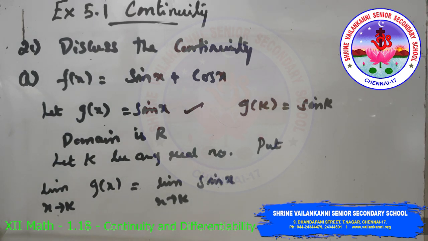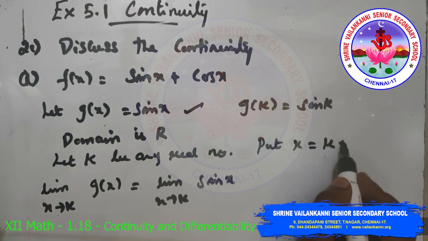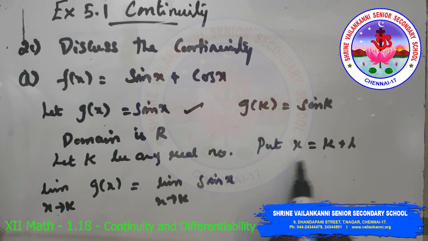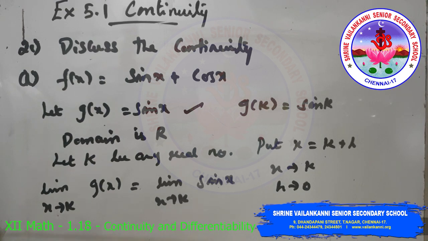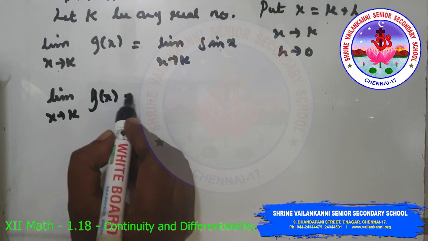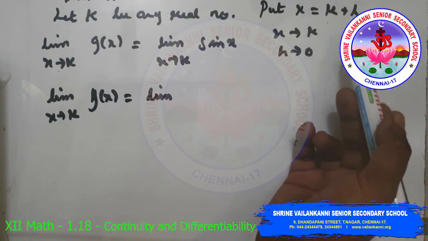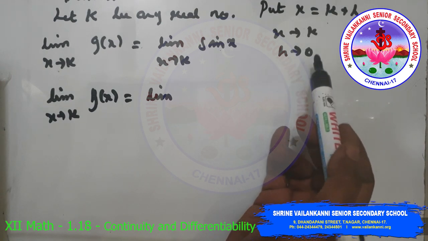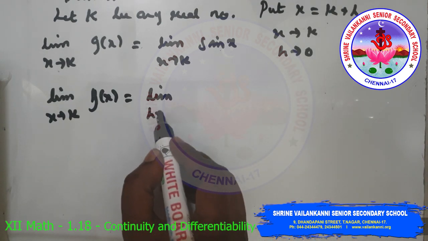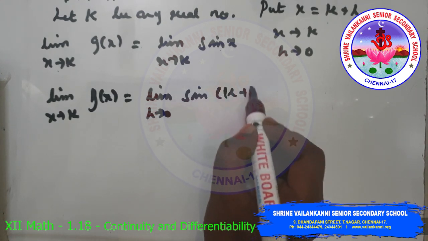Let k be any real number, put x equal to k plus h, where x tends to k and h tends to 0. Therefore, limit x tends to k of g of x is equal to limit h tends to 0 of sin of k plus h.